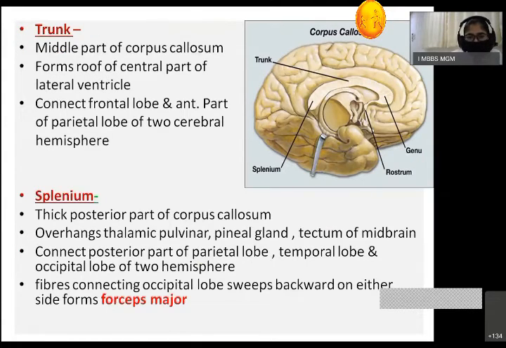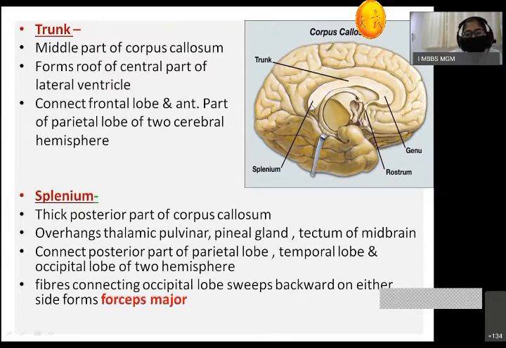Now the trunk, also called the body of the corpus callosum. It is the middle portion. It forms the roof of the central part of the lateral ventricle. It connects the frontal lobe and anterior part of the parietal lobe of the two cerebral hemispheres. Behind it is the thickest portion, the splenium.